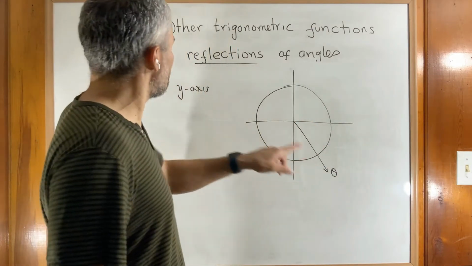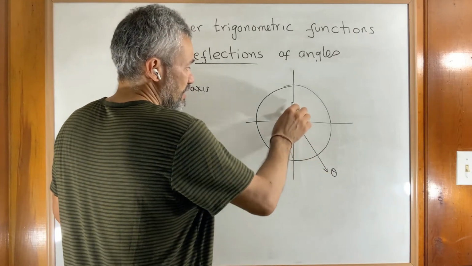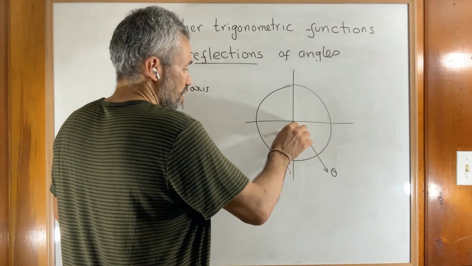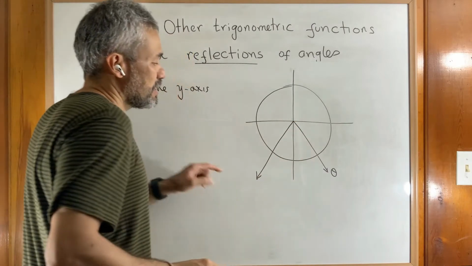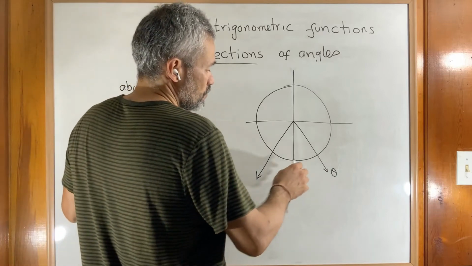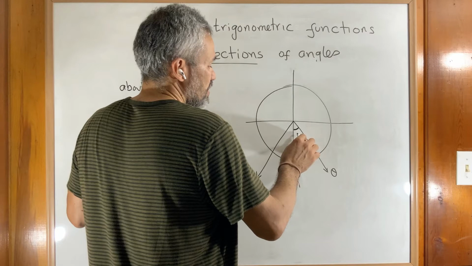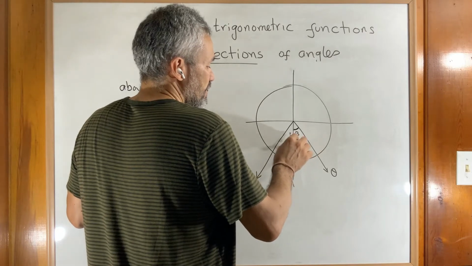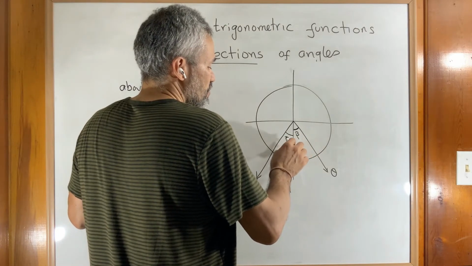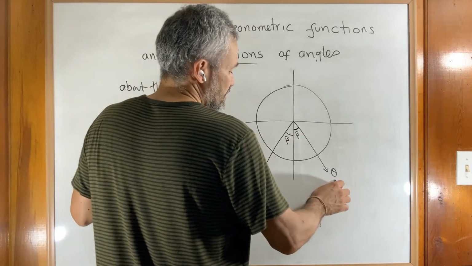Then the reflection about the y-axis is just this one. It's like the y-axis is a mirror, and you get this angle here. Notice that if you compute this angle here, let's call it beta, then this beta must be equal to this beta for the reflection.